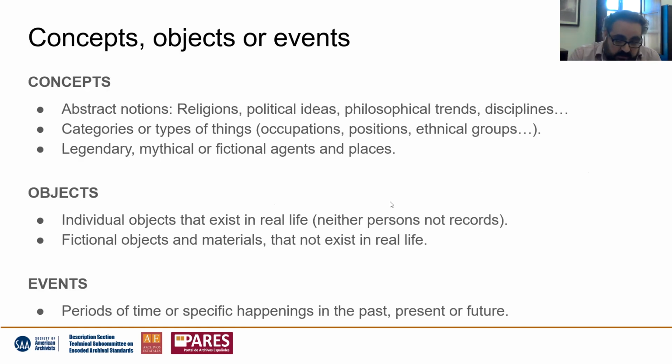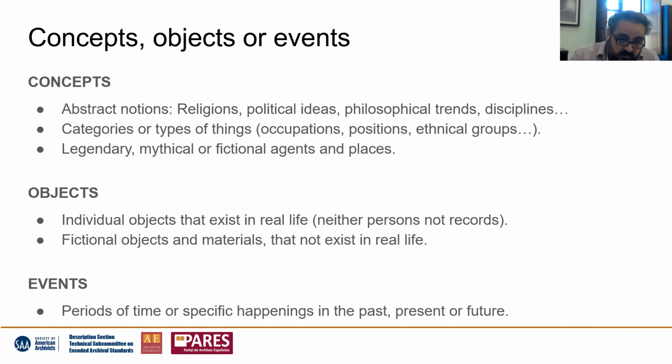And finally, to finish my part of the intervention and give time to Santiago, the last entity, called concept, objects, or events, includes any type of abstract notion, any type of categorization that can group things or other entities, any mythical or legendary entities, all of them understood as concepts.